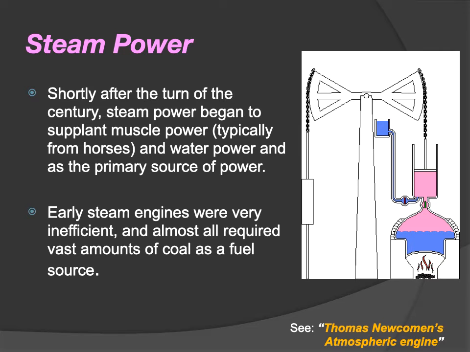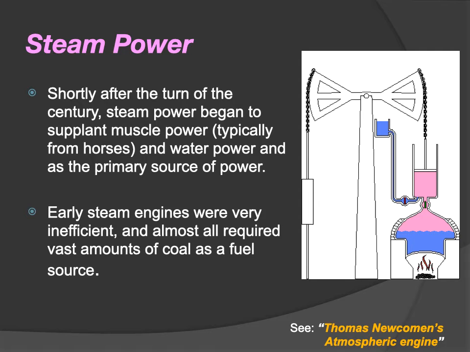Steam power. Shortly after the beginning of the century, steam power came to supplement muscle power, typically the horse. When we think of those big steam engines for the early trains, that's really supplementing horsepower, because you don't have to ship everything by wagon or by ship. Now you have the ability to move a massive amount of goods, a massive amount of weight, across land.